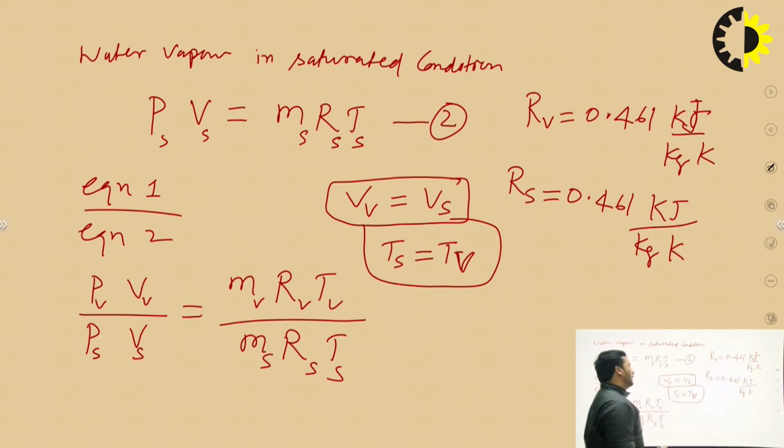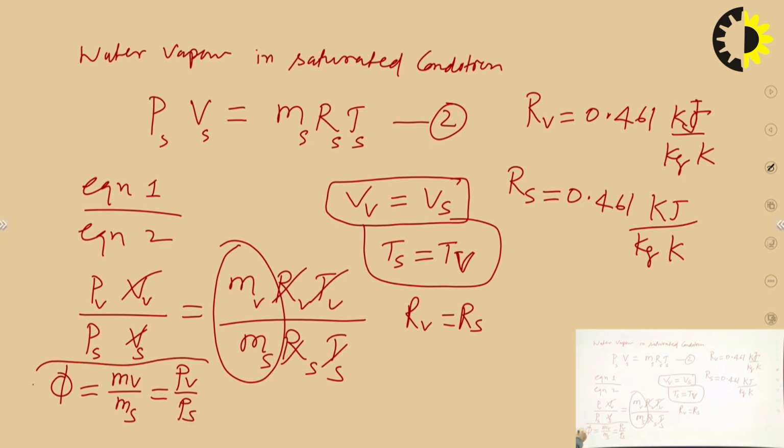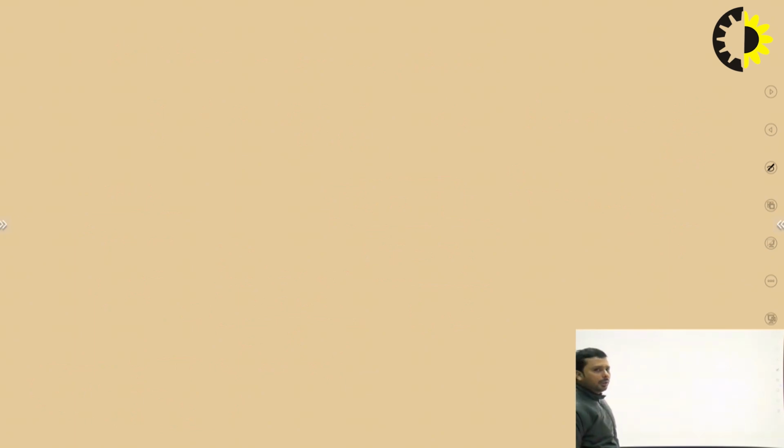So Rv equals Rs, and R, temperature and volume cancel out. From the definition, mv upon ms is equal to relative humidity phi. So finally phi is equal to mv upon ms is equal to pv upon ps. This is all about relative humidity.